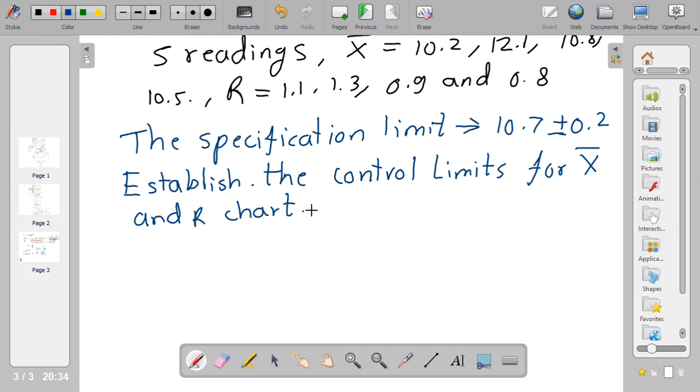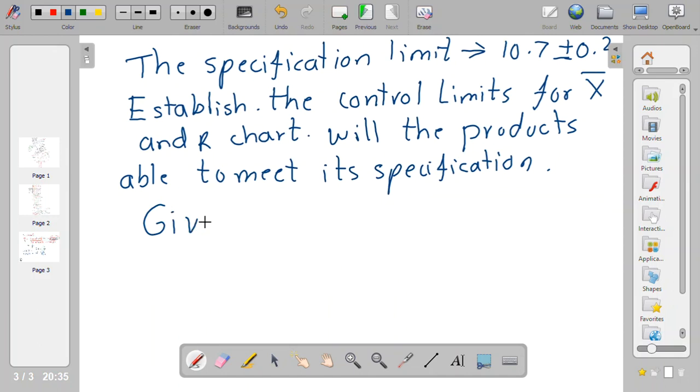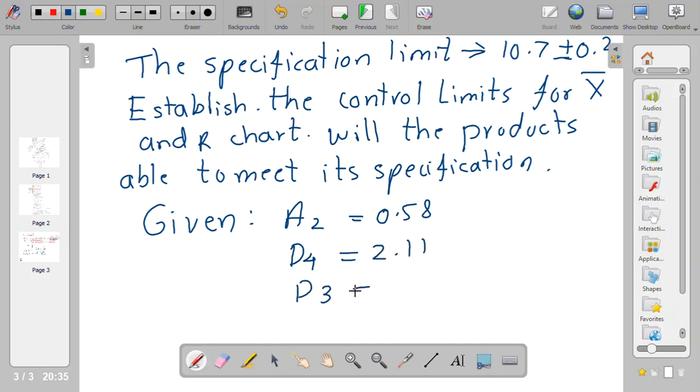Suppose it is not stated, you should be able to understand which chart to use. Will the products be able to meet their specification? Under this they have given the values A2 equal to 0.58, D4 equal to 2.11, D3 equal to 0.